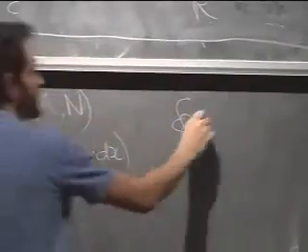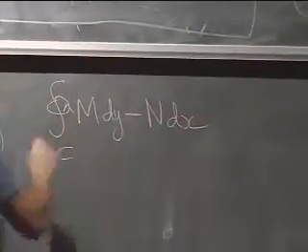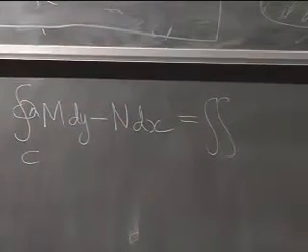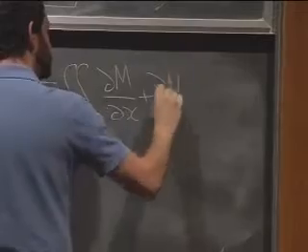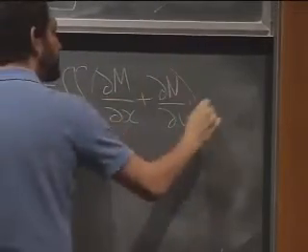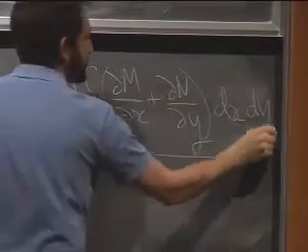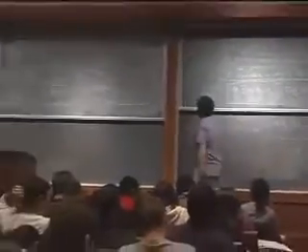M dy minus N dx equals the double integral of the divergence. But the divergence is just dM/dx plus dN/dy, dx dy. So this is an extremely concrete version of that. All right, so that's version 1.